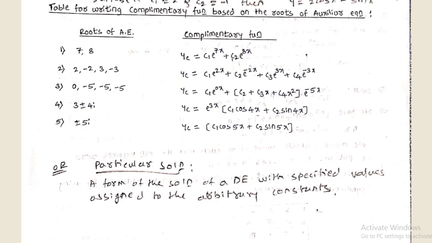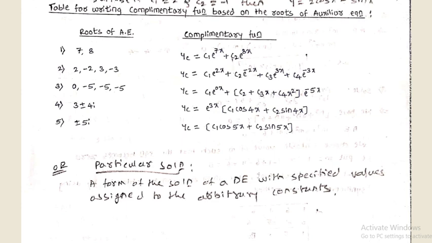Third one: the roots are 0, minus 5, minus 5 and minus 5. So 0 and minus 5 are different roots, and these 3 minus 5's are the same roots.